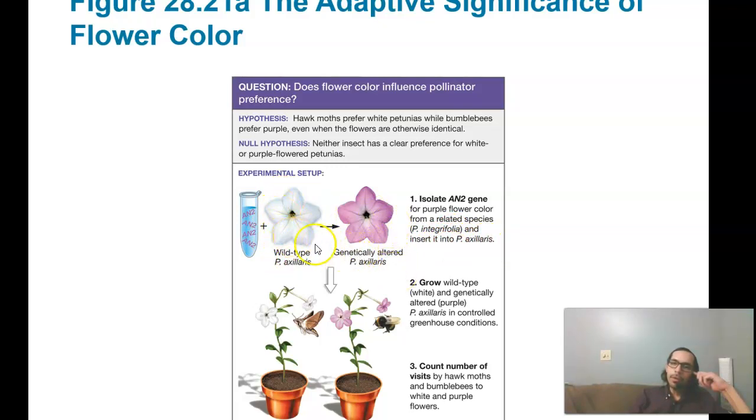So that turned Petunia axillaris into a purple color, and they grew these in a greenhouse. And then they counted the number of times that the moth visited the different flowers, and also the number of times the bees visited the different flowers.